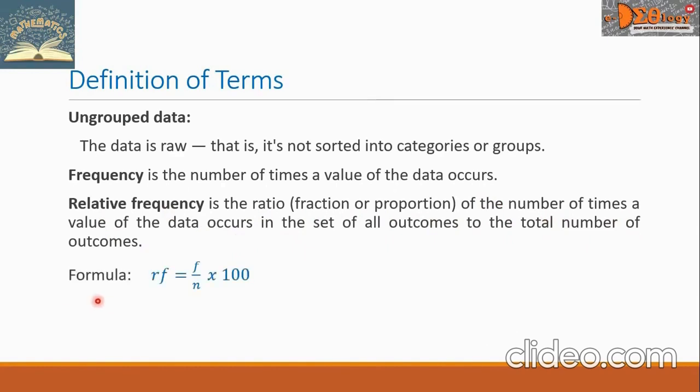The formula will be like this: Rf equals F over N times 100, where F is the frequency and N is the total number of frequency.